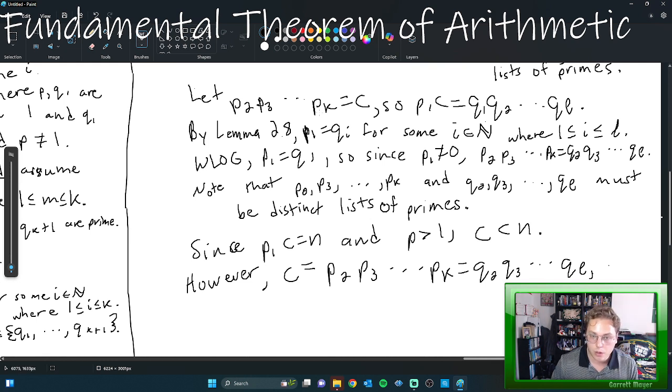So c has two distinct prime factorizations.